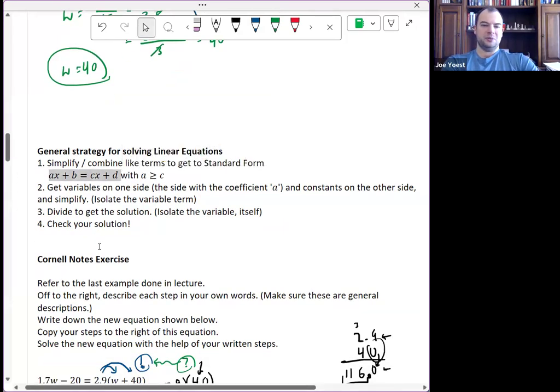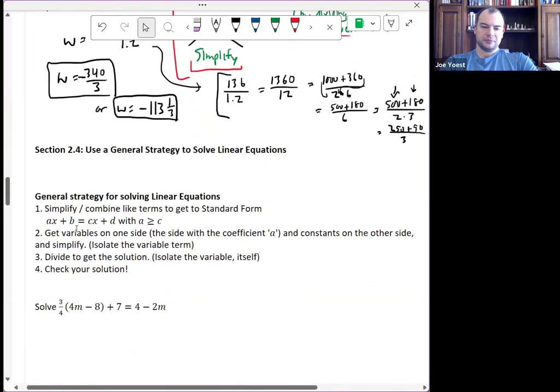We want to get to what we might call standard form, where we have a single variable term and a single constant term at most on both sides. There can be times when maybe I don't have this variable term or I don't have this constant term, that's fine. But we don't want to have multiple variable terms or multiple constant terms or things with parentheses or anything like that on either side.